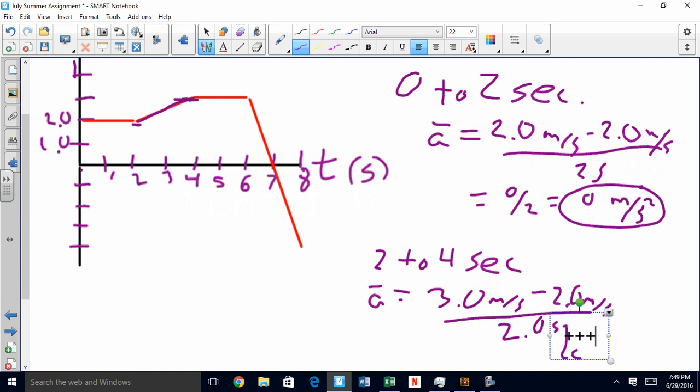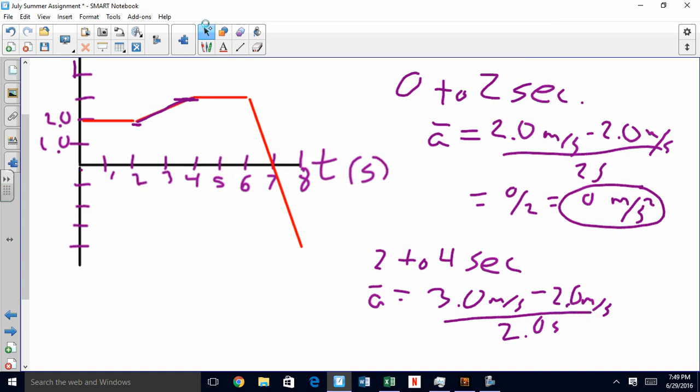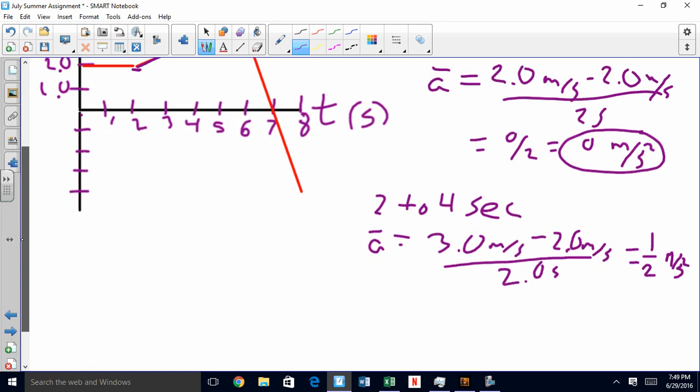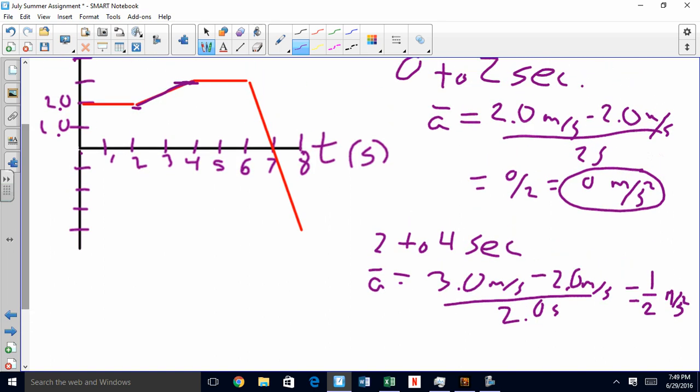Oops, that's messy. And obviously that's 1 over 2, or 0.5 meters per second squared. I really should convert that to a decimal, but I'm not going to worry about it.